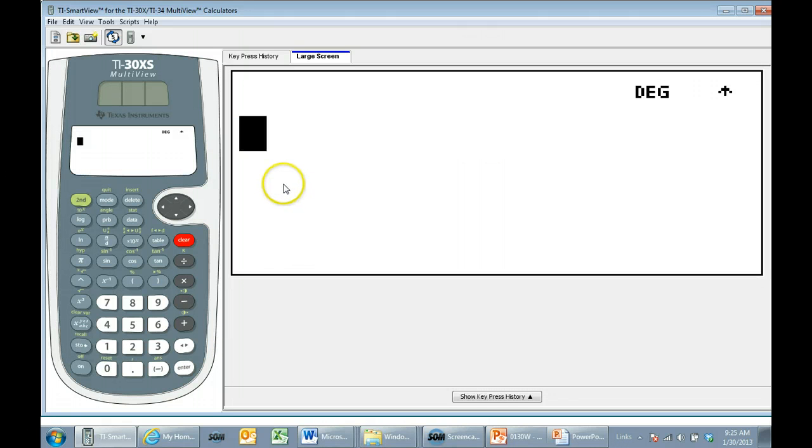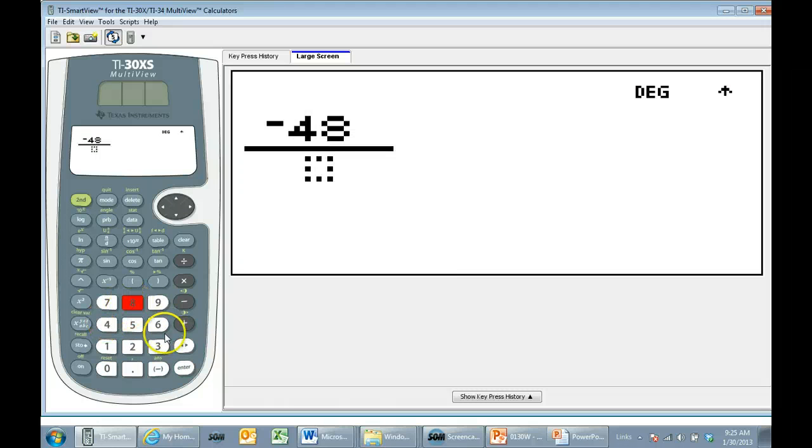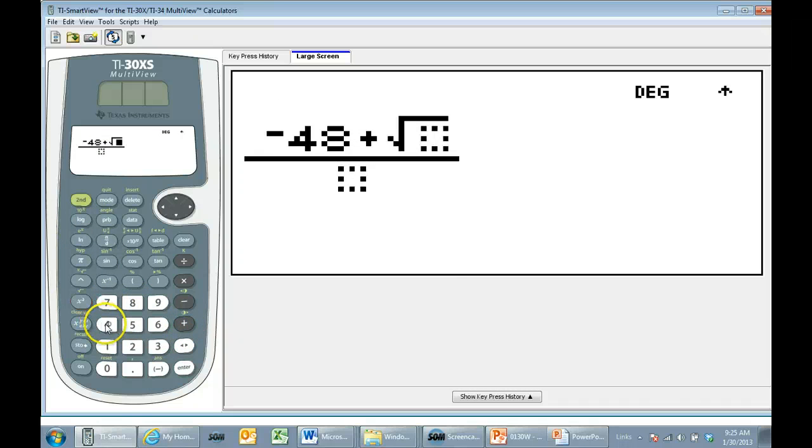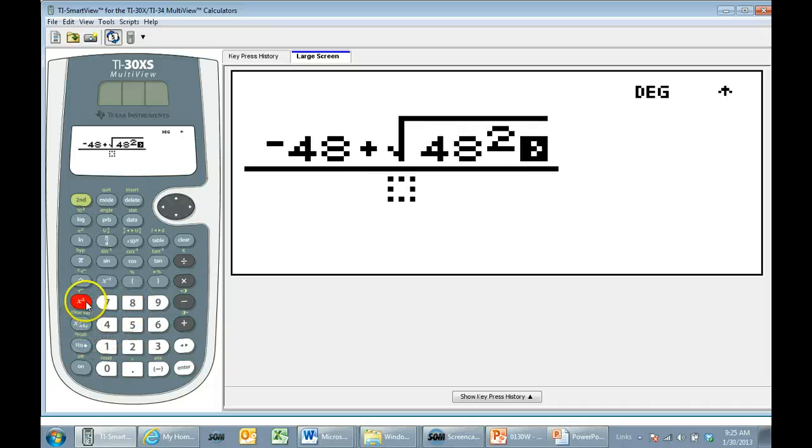Let's use our TI-30 XS MultiView. Please start off in fraction mode by hitting this button. And so we had negative 48 plus the square root of 48 squared. Notice, if this had been a negative number, I would have needed to put it in parentheses with the little squared on the outside of the parentheses.